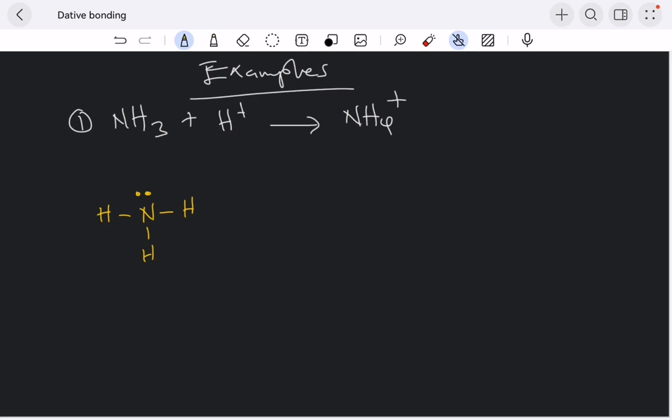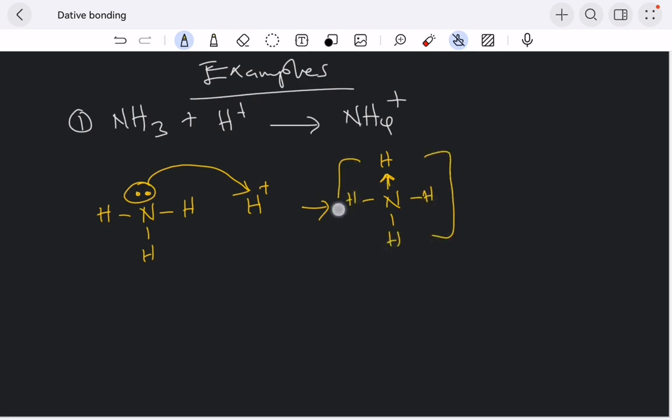Then when we look at hydrogen, we are looking at the hydrogen with an empty orbital. It doesn't have electrons, so those two electrons will then be shared to that, and we're going to have something like this. So to show the dative bonding, I'll just use an arrow there, then we'll have something like that.